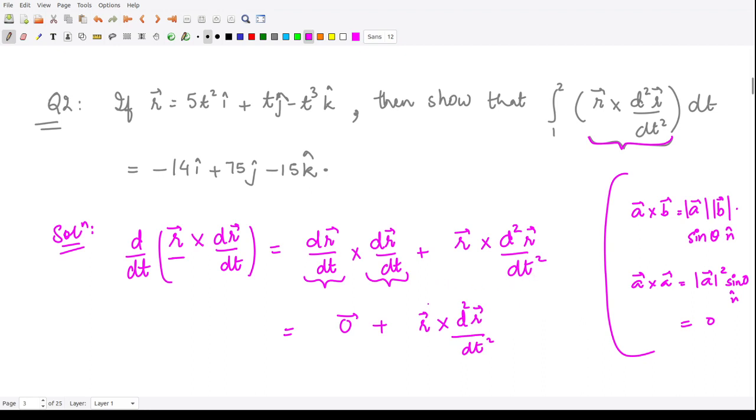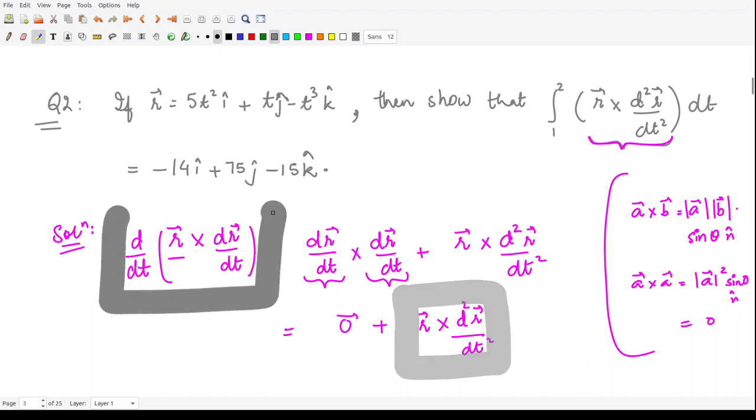So basically you now obtain this quantity, so you can substitute it here in this place. So what do you obtain from here?